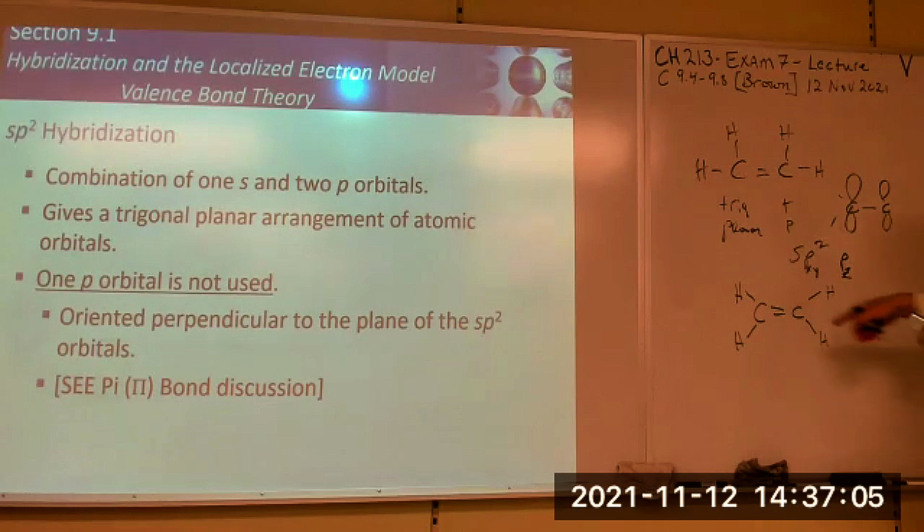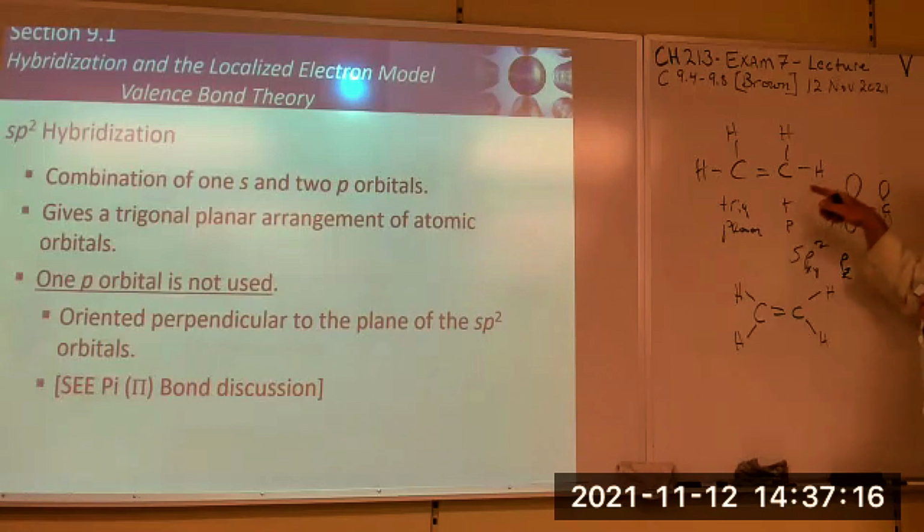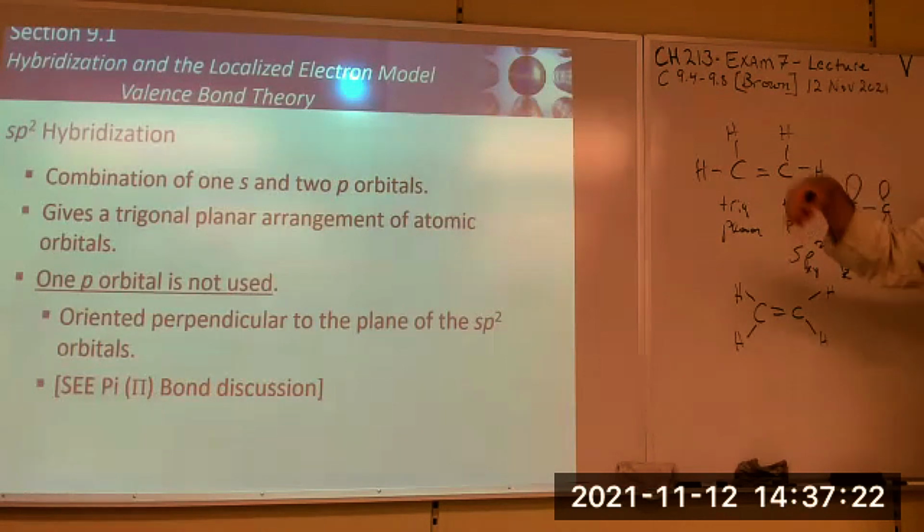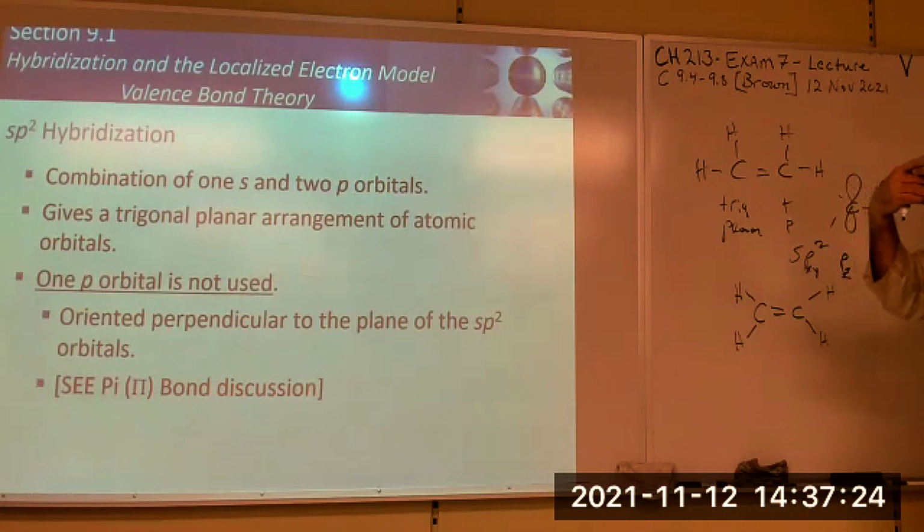Now, the on-axis, let's see, we're probably going to describe that. I might as well do it now. Whenever you have a single bond between two atoms, the on-axis orbital between the atoms is the bond.